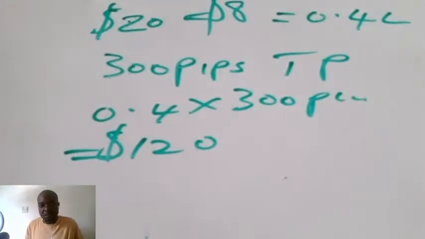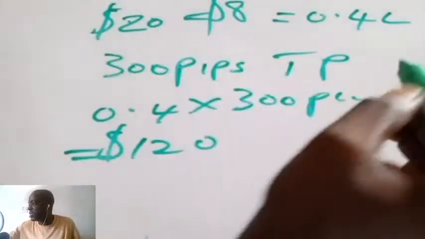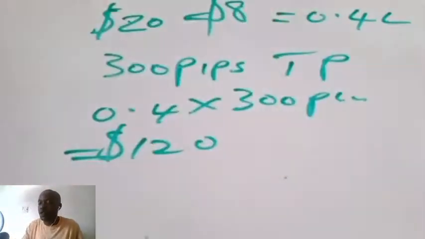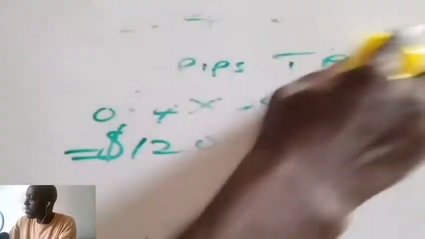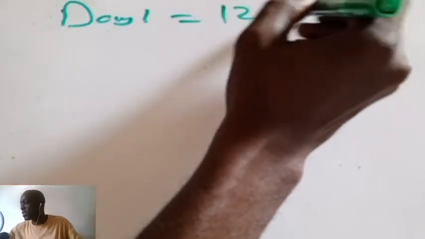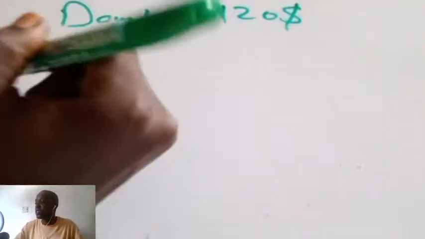Maybe the news is over and the volatile time is over. So day one, we have $120 as our profit.